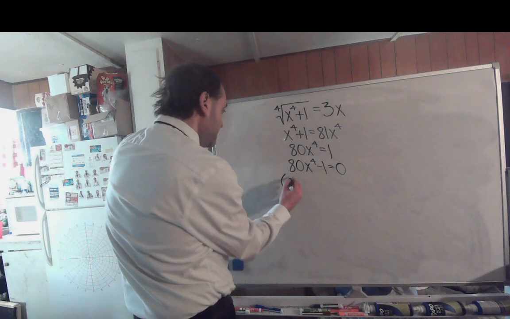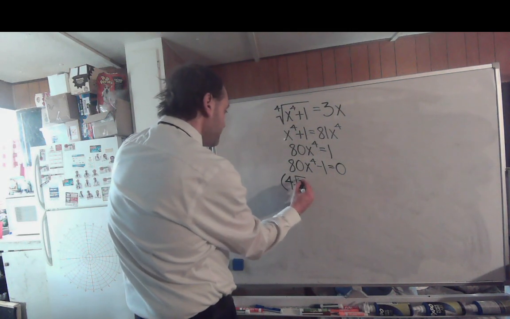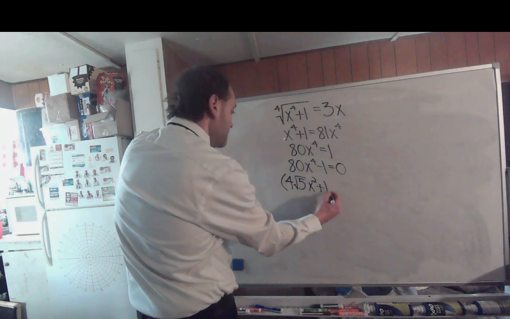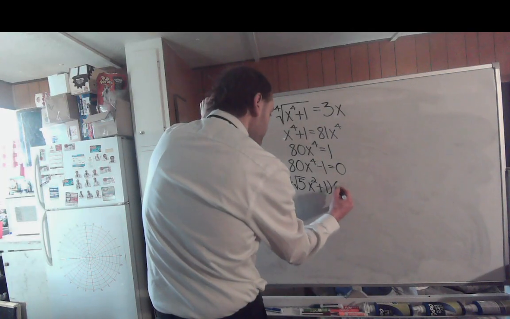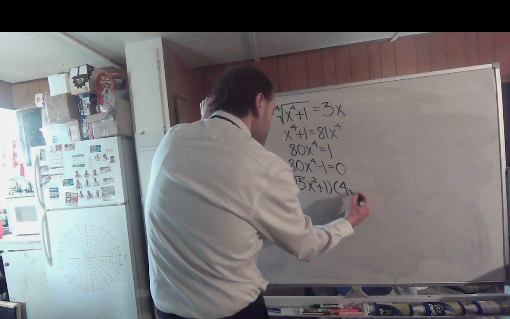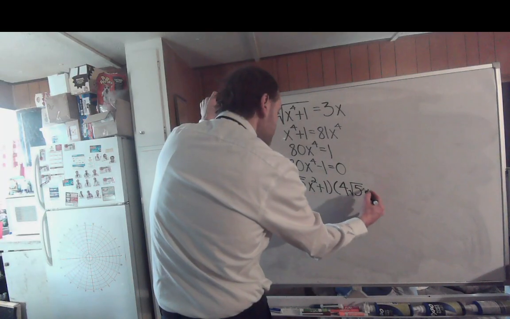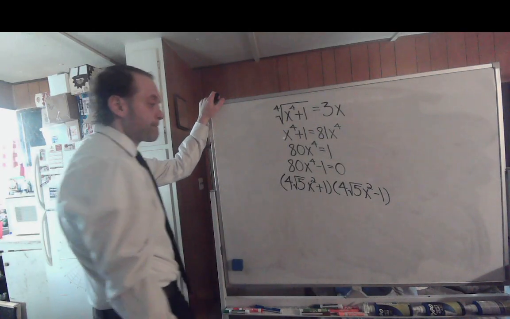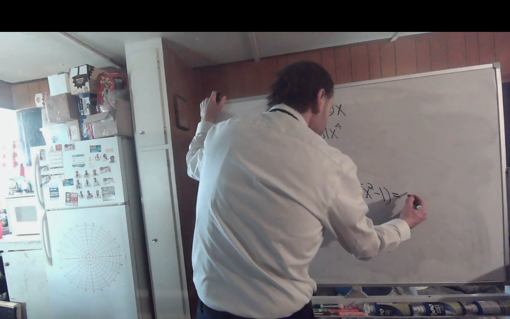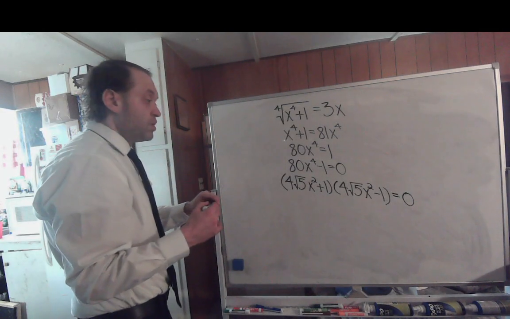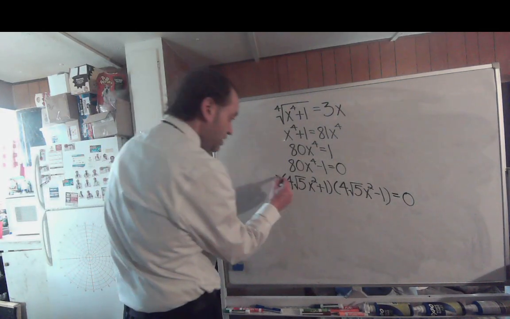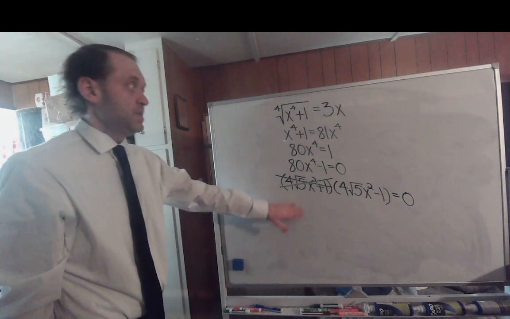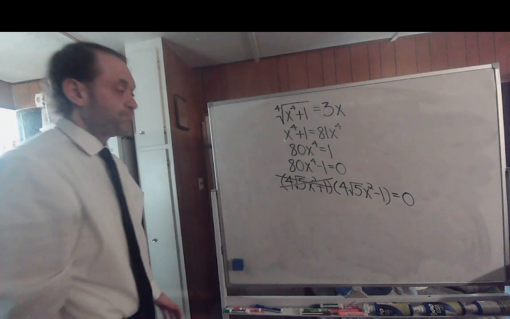So what you'll end up getting is 4 times the square root of 5, x to the second plus 1, times 4 times the square root of 5, x to the second minus 1 would equal 0. Well, we know for a fact we can discard the left term, because we'll just have imaginary solutions. That's not what we're looking for.